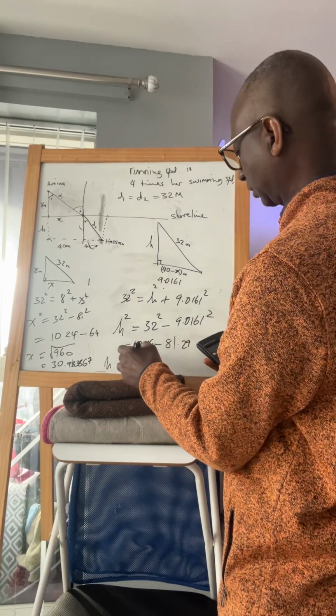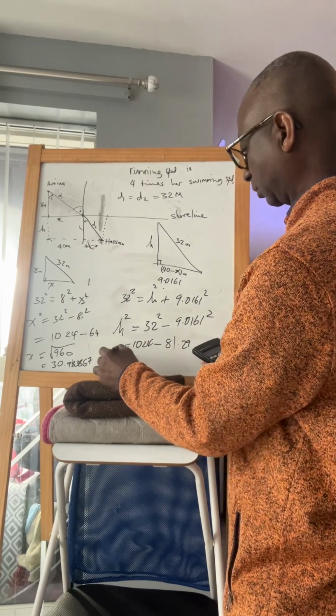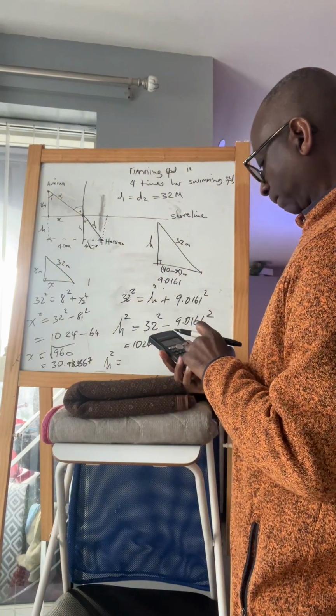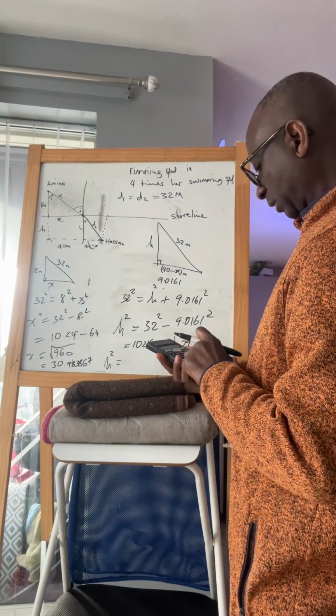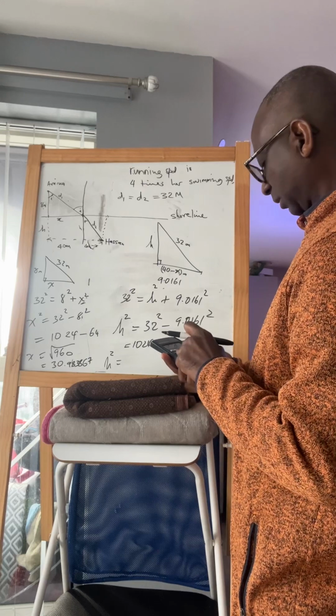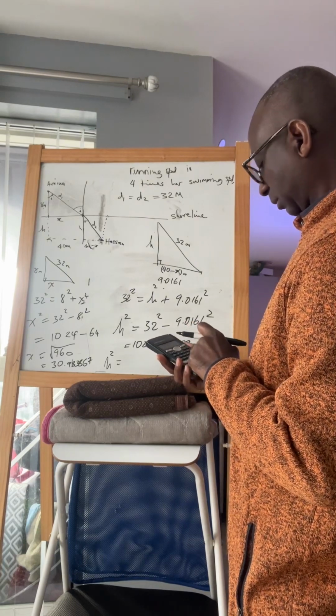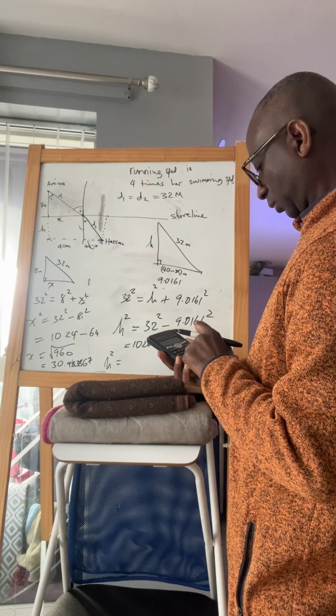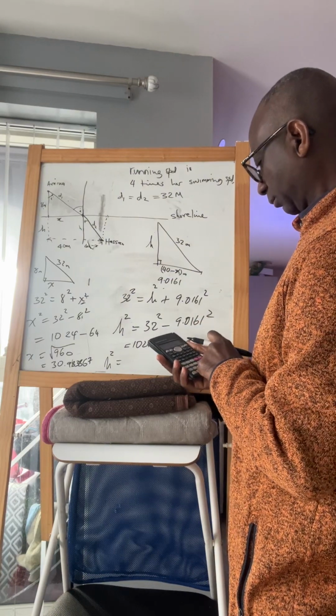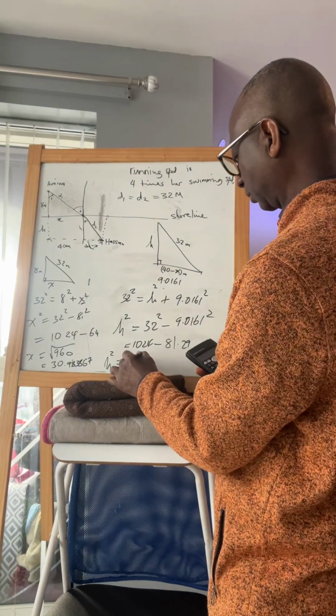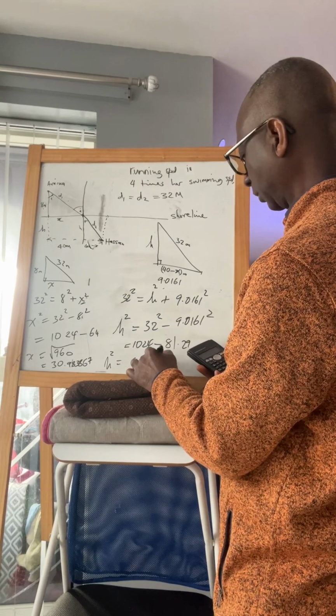Then h squared is 1024 minus 81.29, which is 942.7.